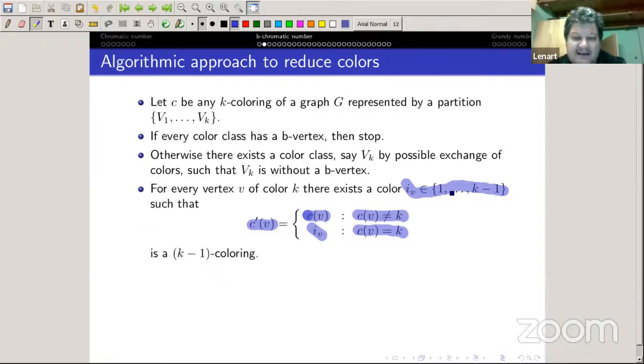So we take a color which is not present in the open neighborhood of vertex v. And this C prime is actually a (k-1)-coloring. So we receive fewer colors, and that's fine because we are hoping to get a minimum number of colors.